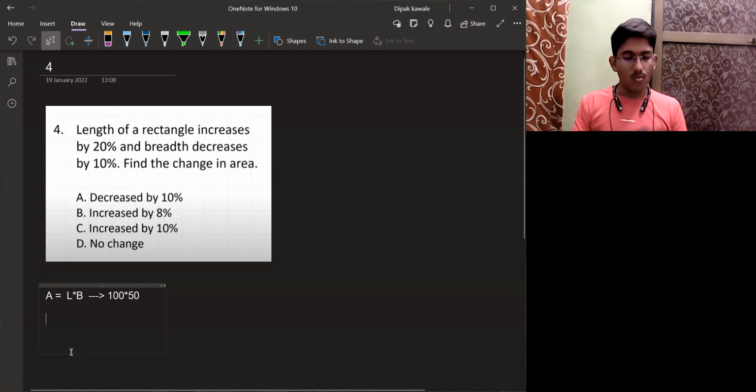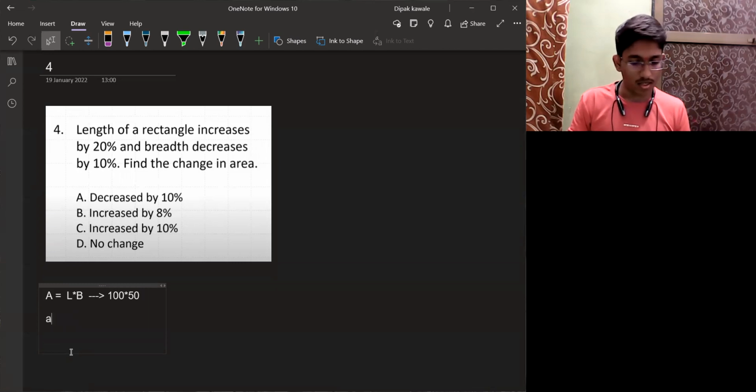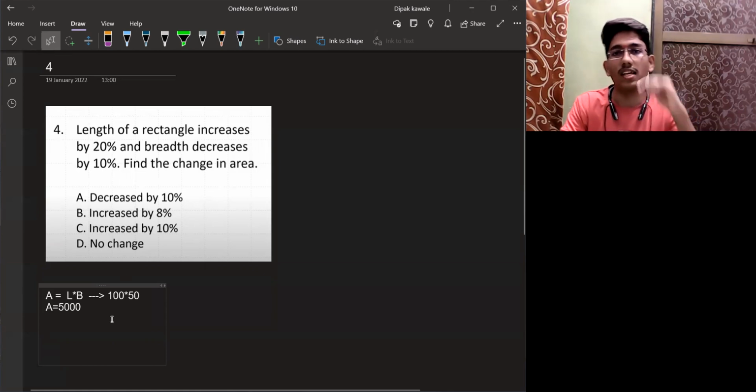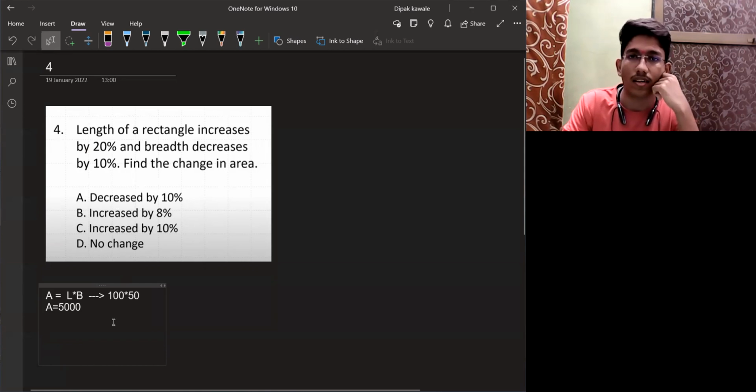Then tell me guys, what is 100 into 50? That is, what is the area? Okay, it is nothing but 500. No, sorry, 5000. Great. So in the problem it is saying length of a rectangle increases by 20%. Initially length was 100.